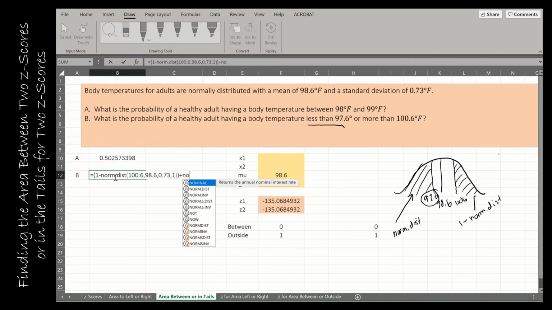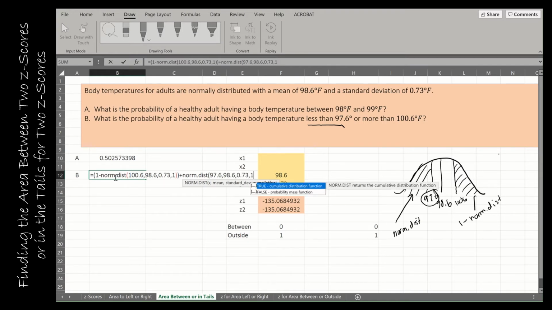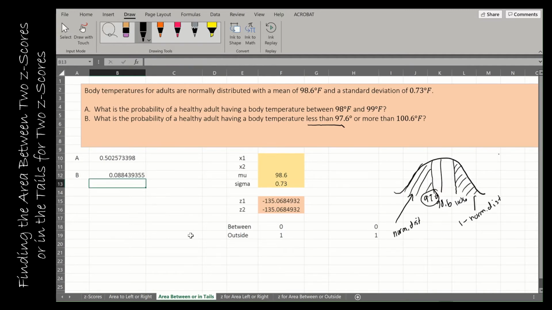So that's just norm dist, 97.6, comma 98.6, comma 0.73, comma 1. Close the parenthesis, and we're done. So that's the correct solution.